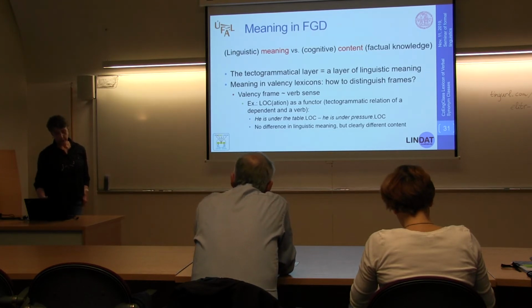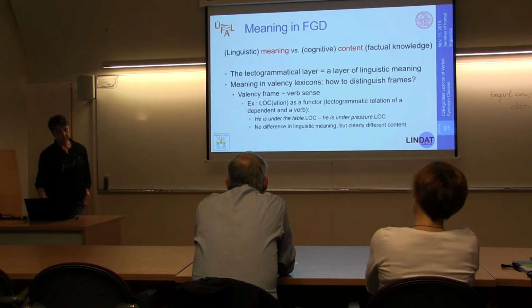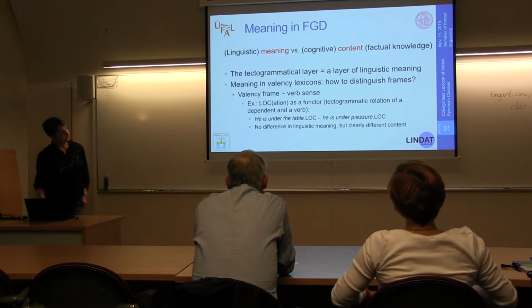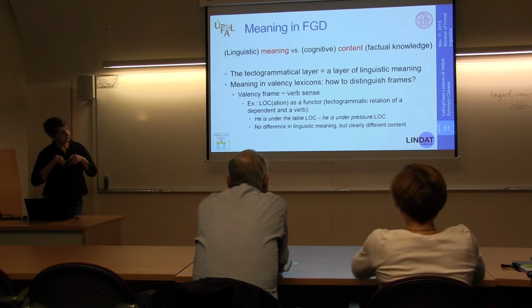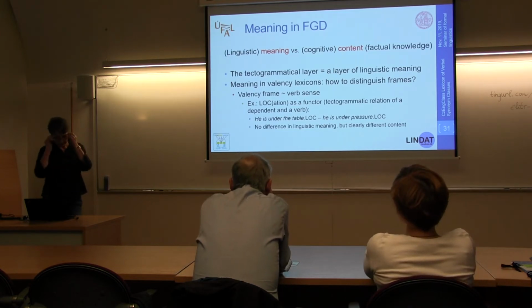individual morphosyntactic realizations. And we know that each valency frame represents a verb sense. So as you see at the slide, the example with the location, he is under the table and he is under pressure.